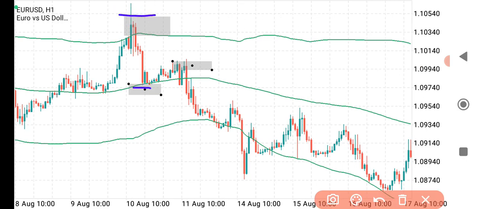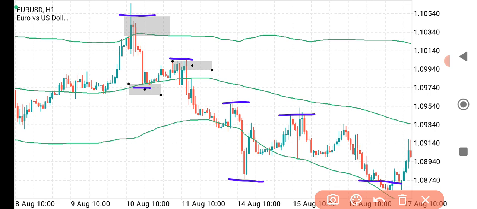Our high, our low, our lower high, right? Lower low, lower high, lower high, and then a lower low in this region. So the price continues in that direction.